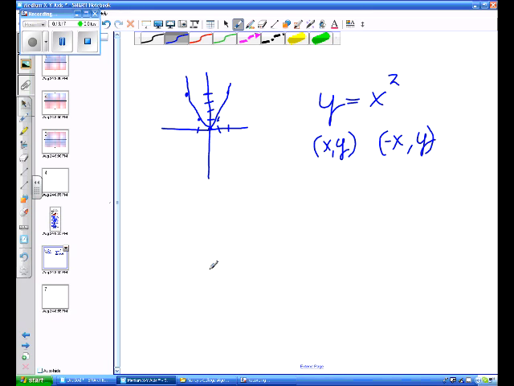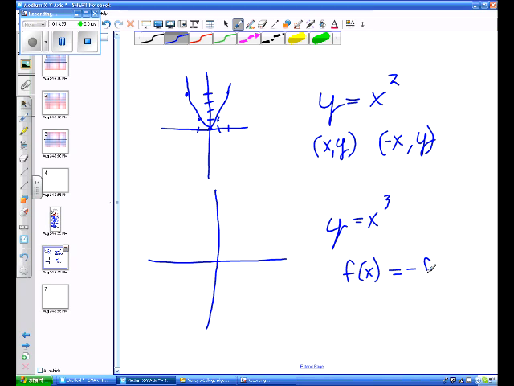Now, an example of an odd function, let's just do y equals x cubed. We'll keep these pretty simple. Now, what that means is, f of negative x is equal to the opposite of f of x.